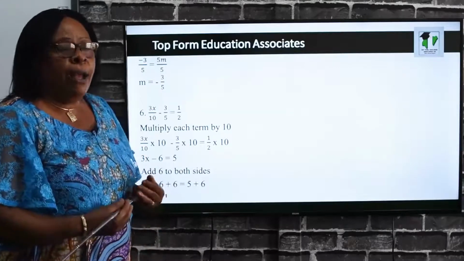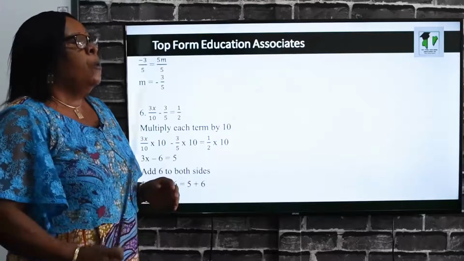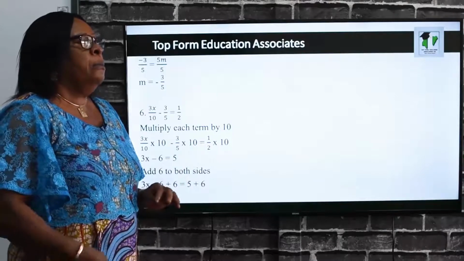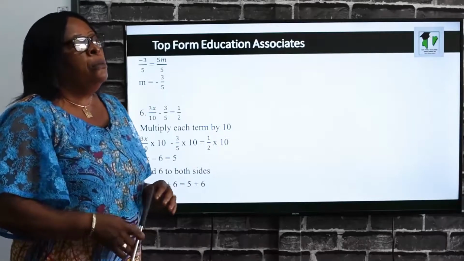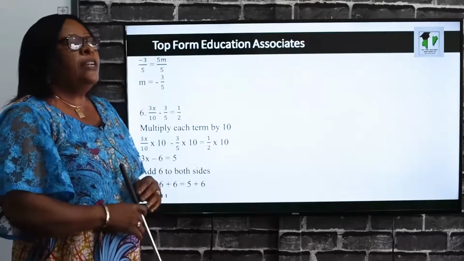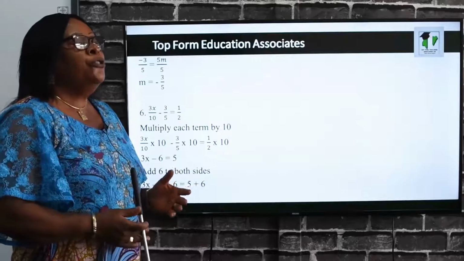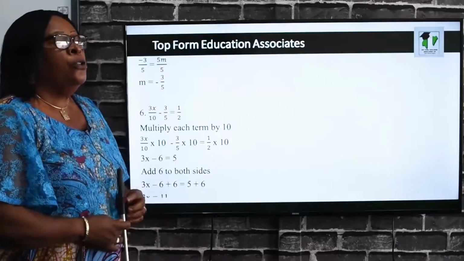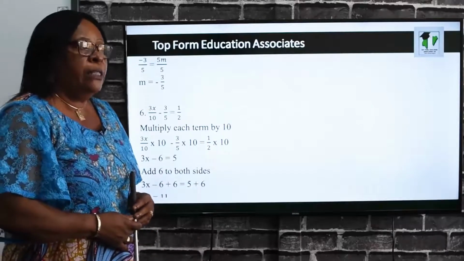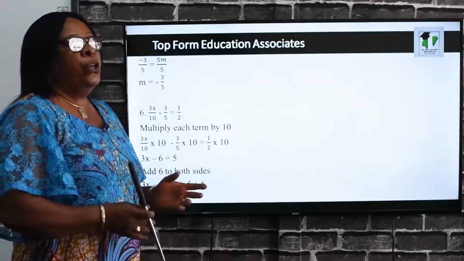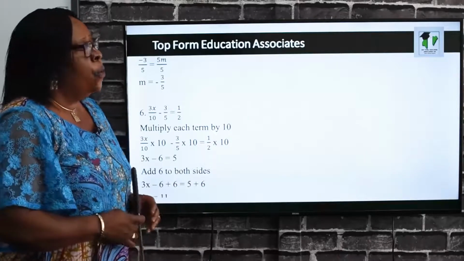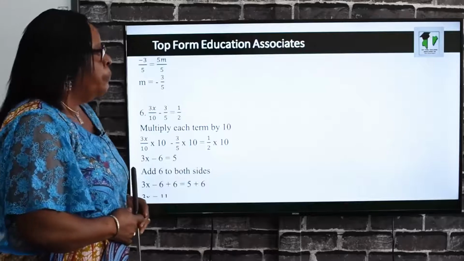Students, as I recap, I want you to note one, that generally, unless you are asked to check, you don't bother checking, because it is assumed that your solution is correct. Remember what solution is. It is the value of the unknown.